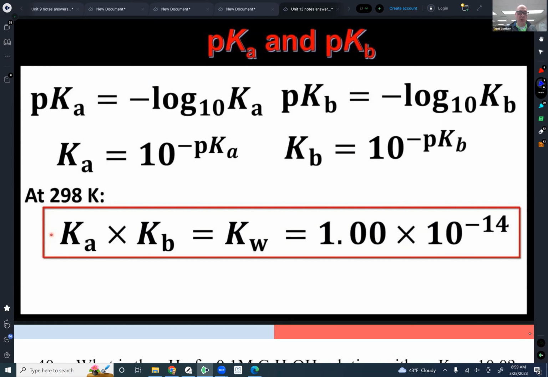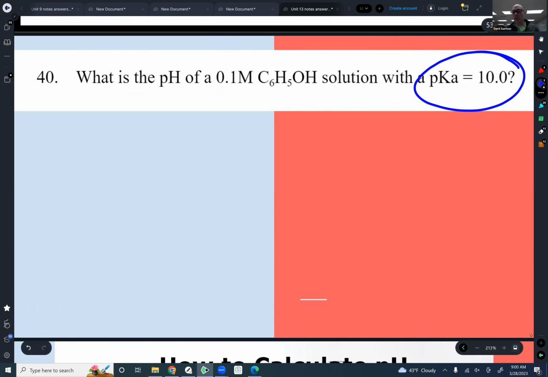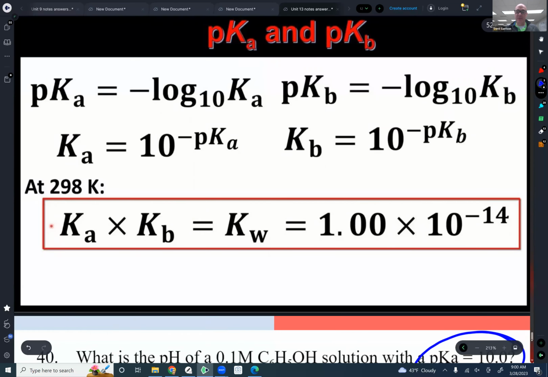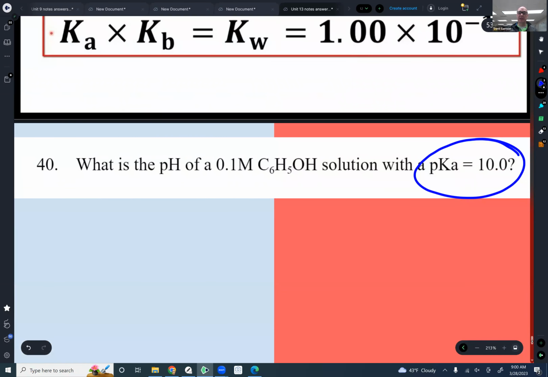All we have to do is reverse it, just like we did with pH. If they give you the concentration, we do the reverse of it. So we've got an example problem here where we have a pKa, which is equal to 10. So we're going to reverse that value and turn it into a Ka value. And then we can plug it into our pH formula.